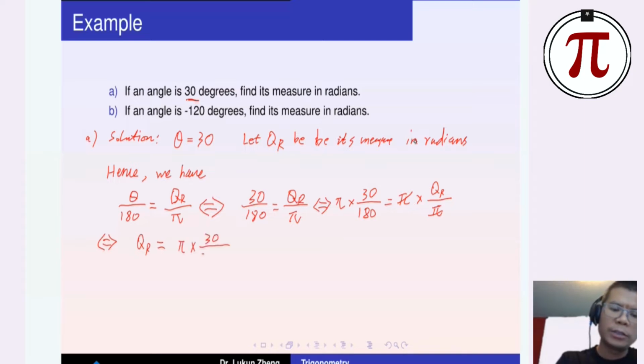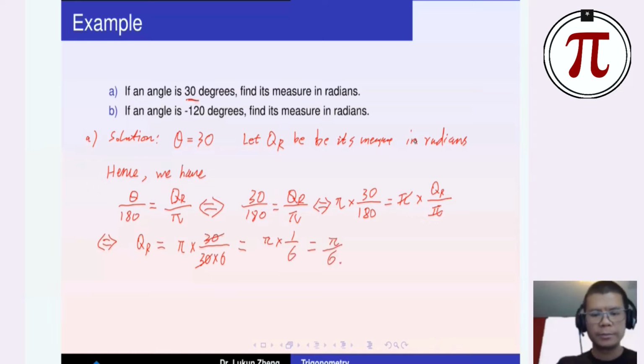Now 180 can be written as 30 times 6, so 30 and 30 cancel out. So this is pi times 1 over 6, which equals pi over 6. Hence theta r equals pi over 6. Does that make sense?